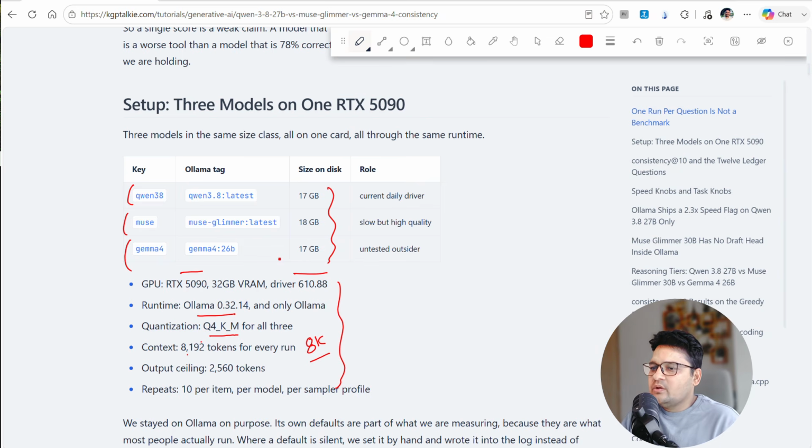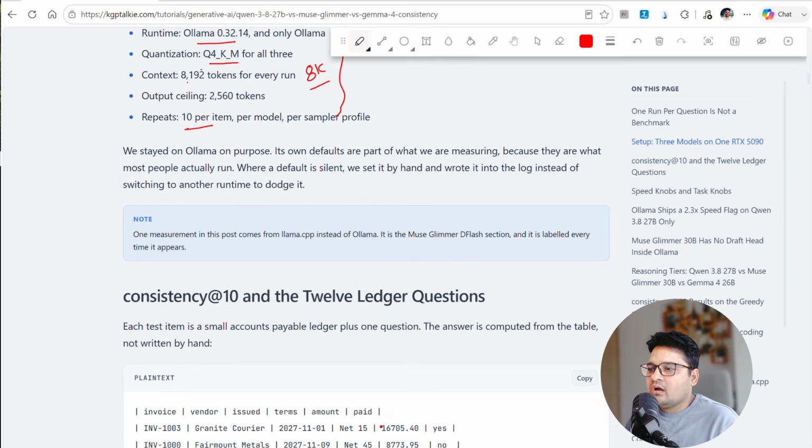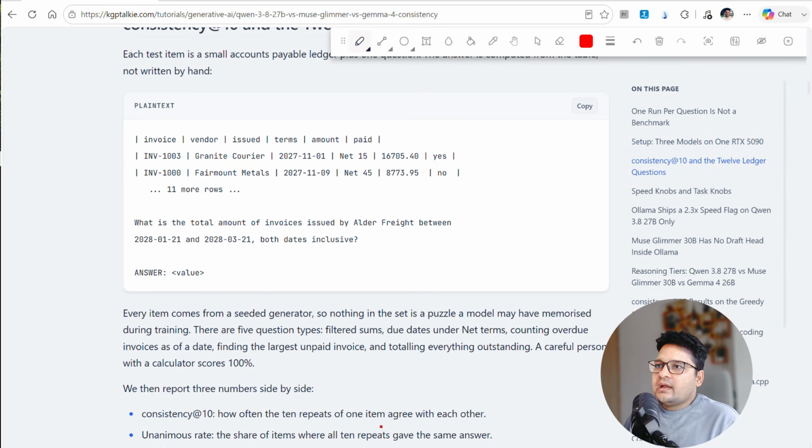Apart from that, you will notice each question got repeated 10 times. That is why I said earlier that we are going to test consistency at 10. That means a single question got repeated 10 times, and then we test the results of those 10 runs to check whether the final results are consistent or not. What kind of questions do we have?